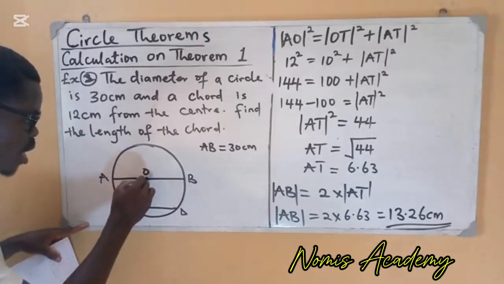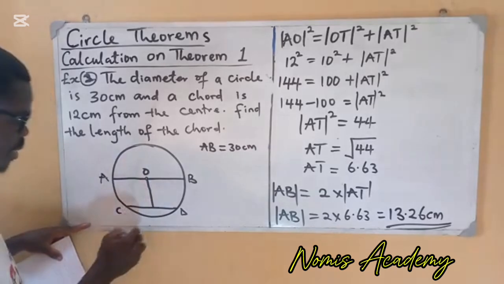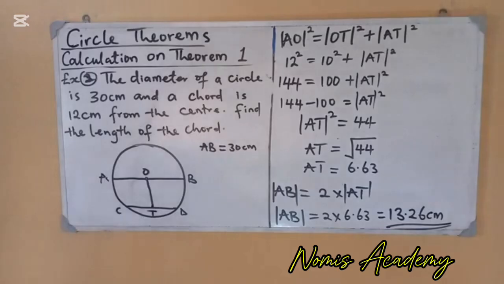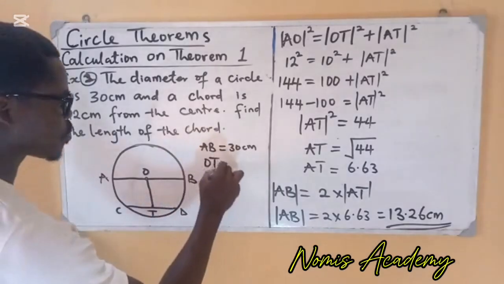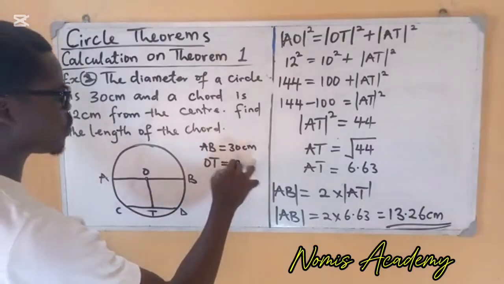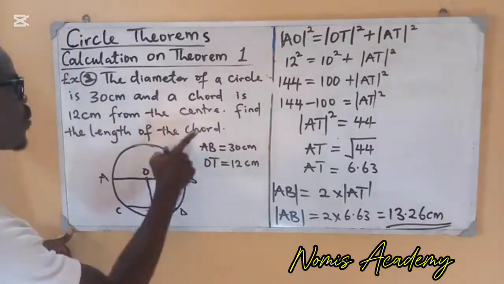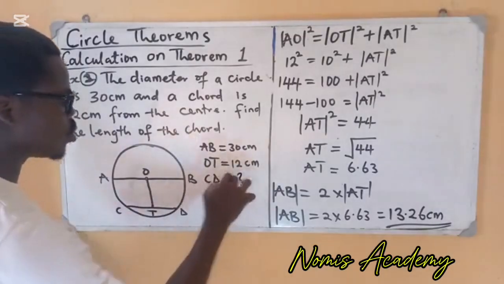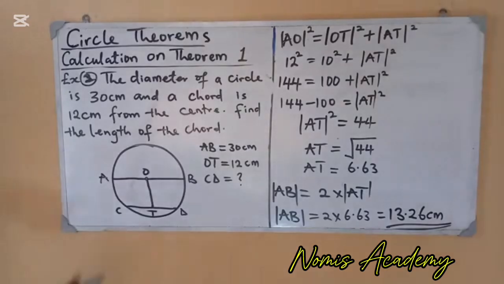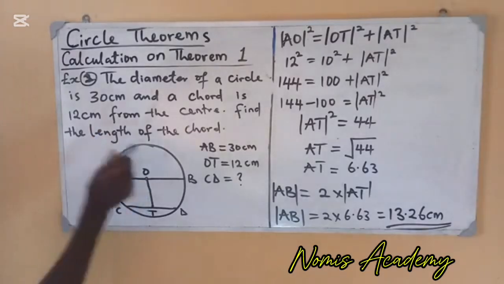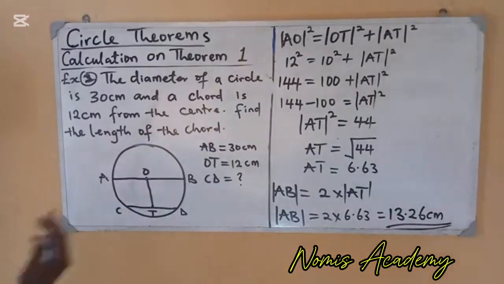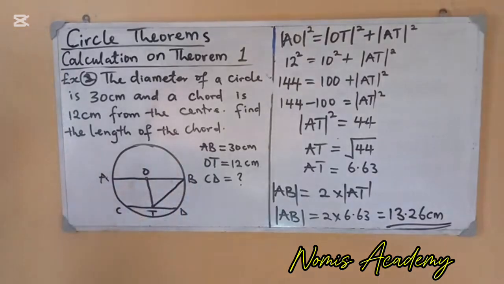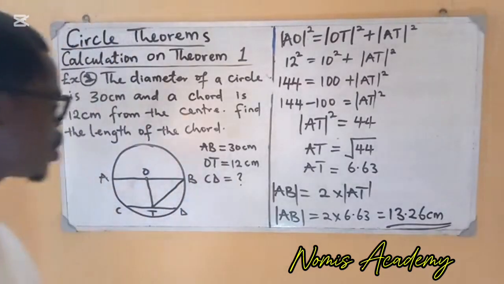So let's draw a perpendicular line that bisects CD at point T. So we can now say that OT is equal to 12 centimeters. Now we are asked to find the length of the chord. So we are looking for CD, which is unknown. So now we know that OT is 12 centimeters. We need to also know the radius of the circle. Of course, half the diameter of a circle is the radius.